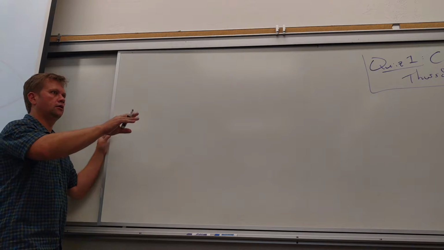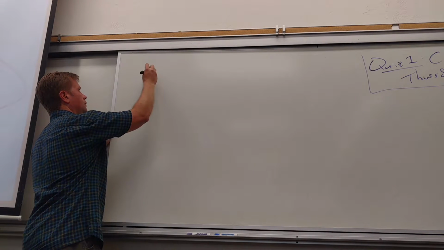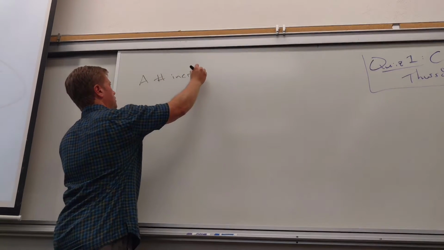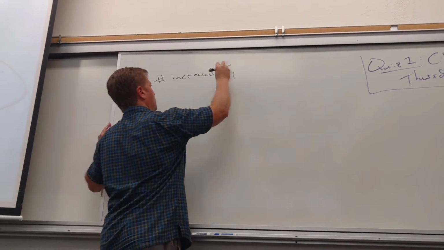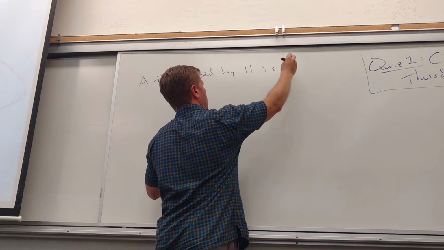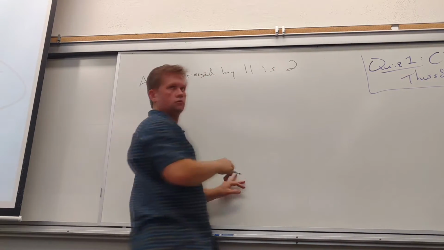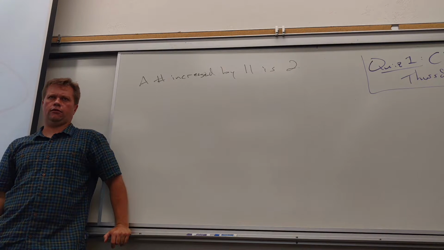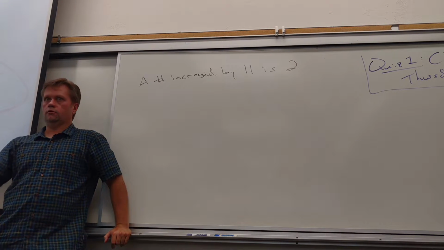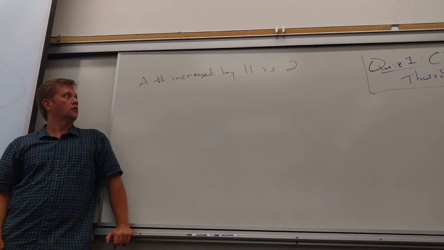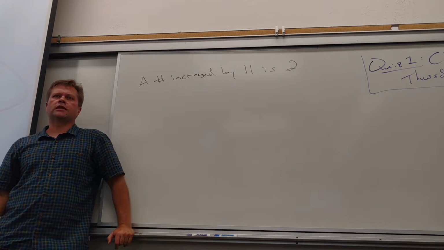All right. So what I mean is this. A number increased by 11 is 2. All right, guys. How do you rewrite this in math? x plus 11 equals 2.